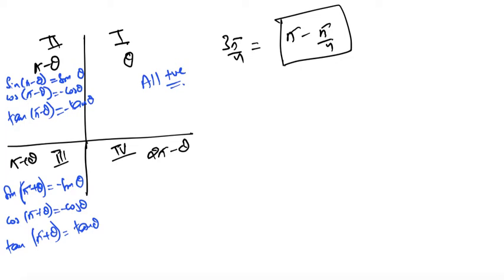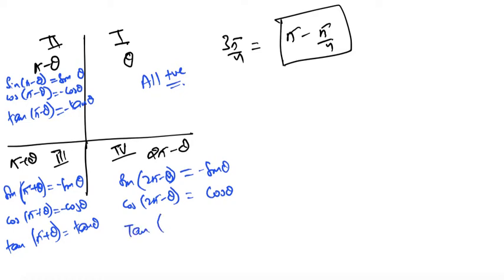In the fourth quadrant we say sine of 2 pi minus theta is minus sine theta, cos of 2 pi minus theta is positive cos theta, and tan of 2 pi minus theta is minus tan theta.